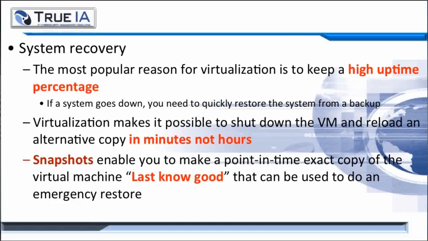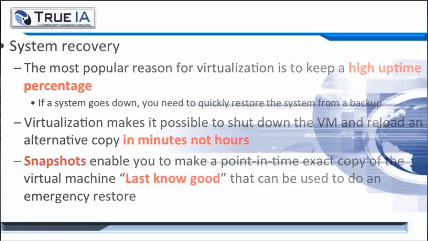It's little pictures, if you will, of the last known good state of that machine. So, for instance, if you install a patch that causes the workstation or server to be unstable, all you have to do is go back to your snapshot. Again, in minutes, not hours, you're back up and operational.